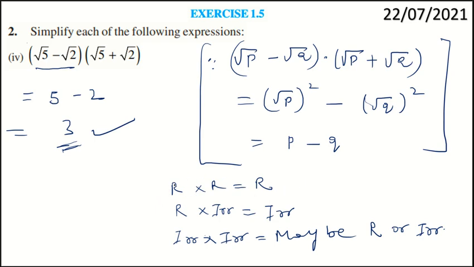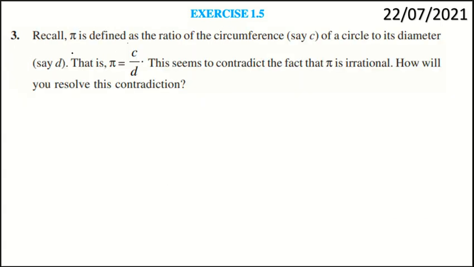Okay. So normally rational we will write it as Q, so we can convert that R into Q to avoid confusion. Okay. Q, that is it. Rational into rational is rational. Rational into irrational is definitely irrational, but irrational into irrational may be rational or may not be rational, meaning it is irrational. Okay.